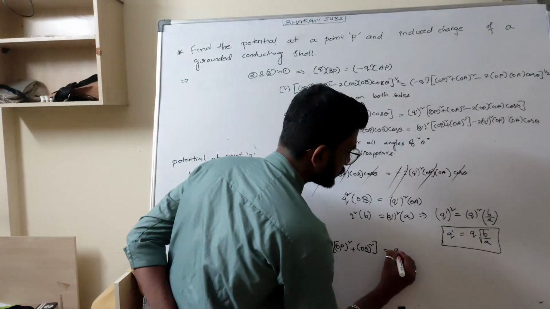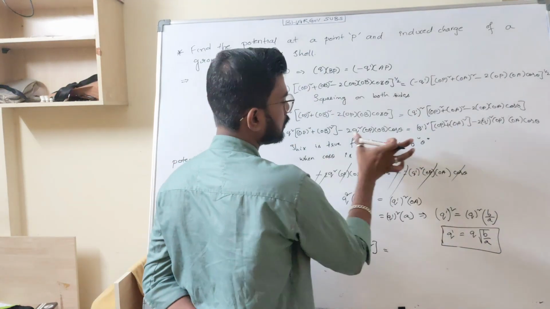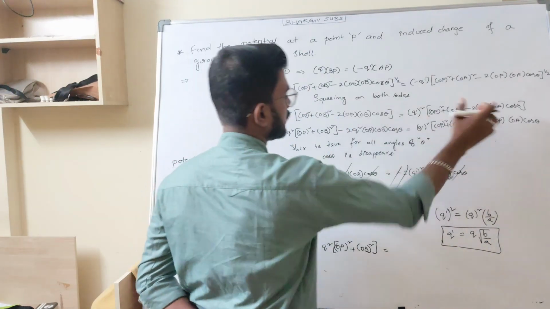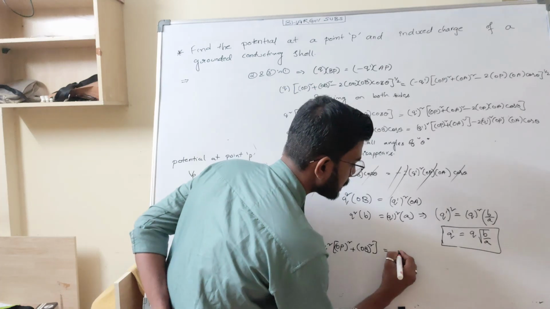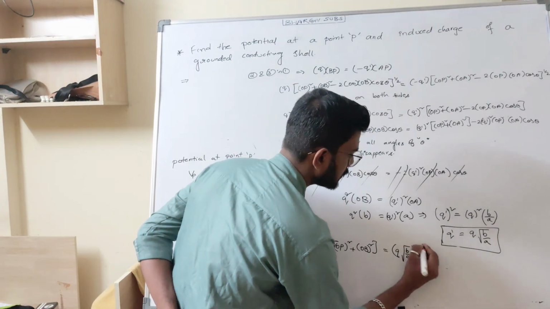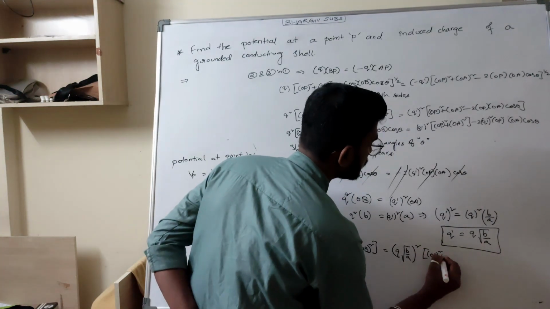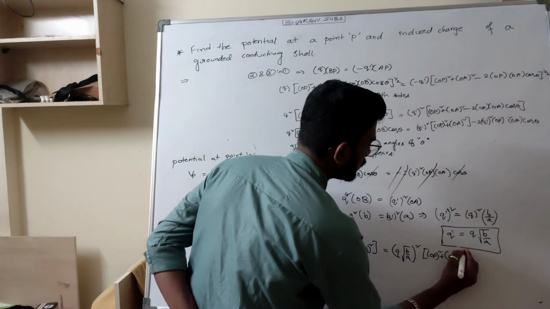There is no need to write the other terms. So q dash square is q square into root over b by a whole square into OP square plus OA square.